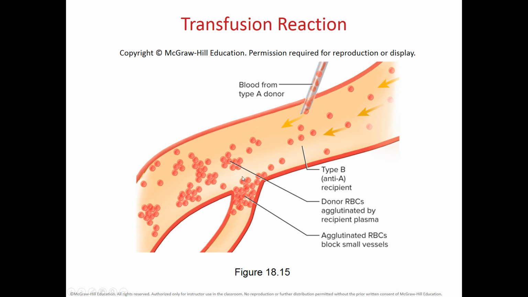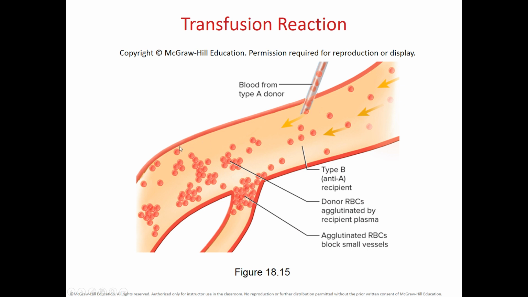And since you have these antibodies, they are going to start clumping these A-type erythrocytes, and then they will start forming this agglutination, or these clumps, that are going to block these small blood vessels.